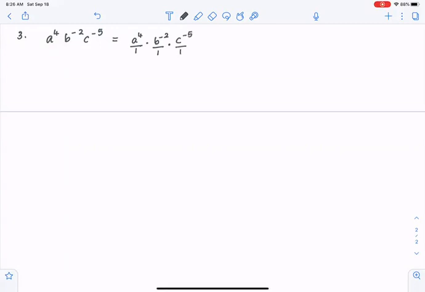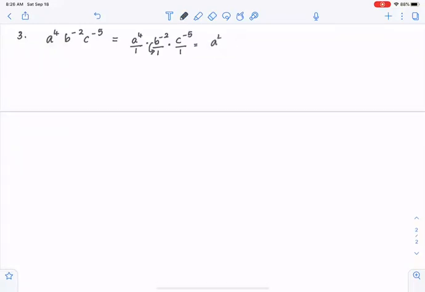So a raised 4 is a positive exponent, so I would leave it as is. b raised negative 2, I can move it to the denominator.